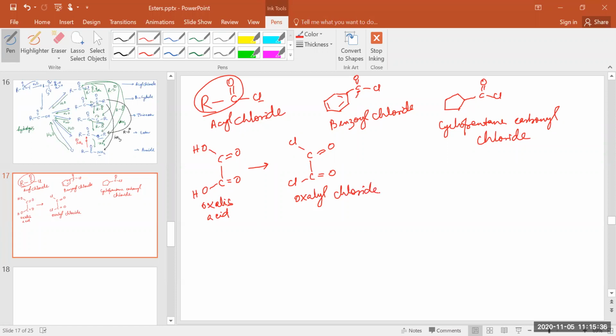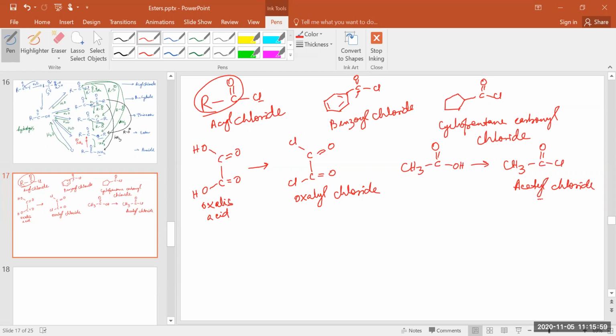Similarly, this is acetic acid. If you have OH, acetic acid, and if you make it COCl, it is acetyl chloride.